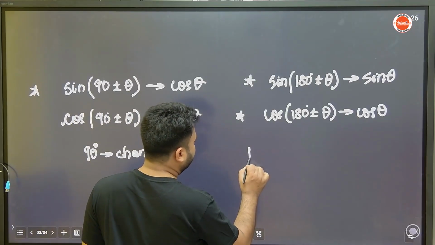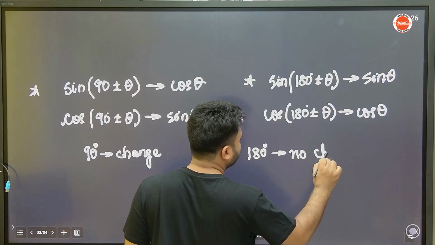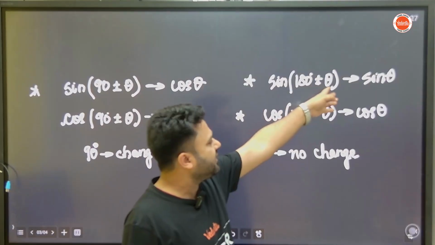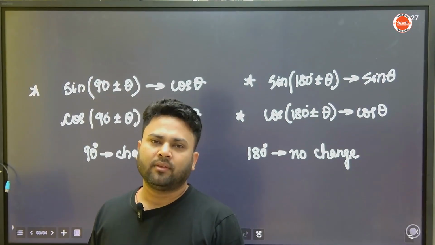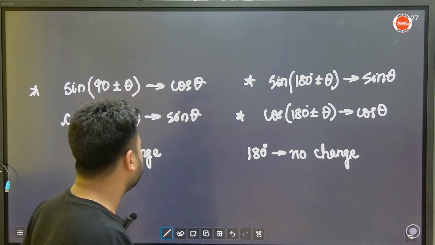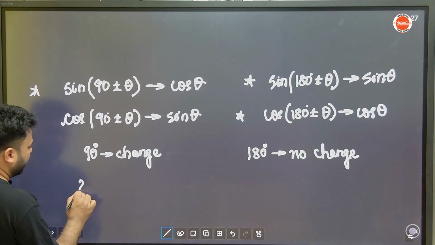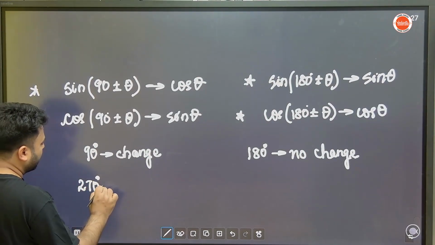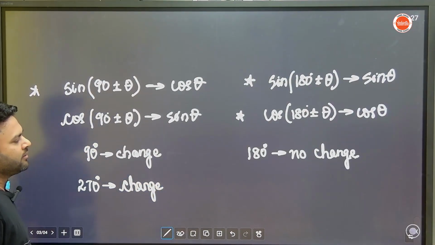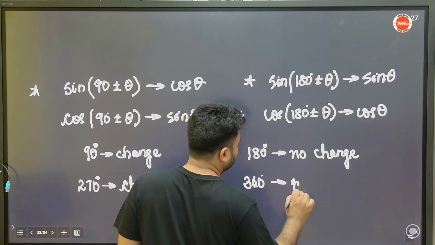But if we have involvement of 180 degree, then there is no change. Remember like this: sine of 180 degree plus theta is sine theta only. Similarly, sine of 180 minus theta is sine theta only. It is not changing. Correct? So again you can remember that with 270 degree also there is change. Similarly, with 360 degree also there is no change.